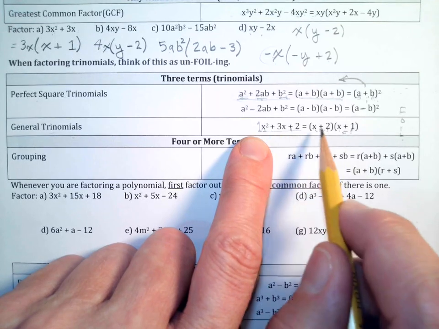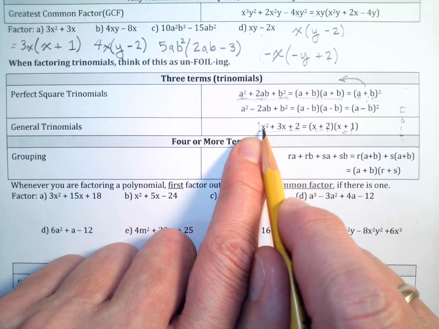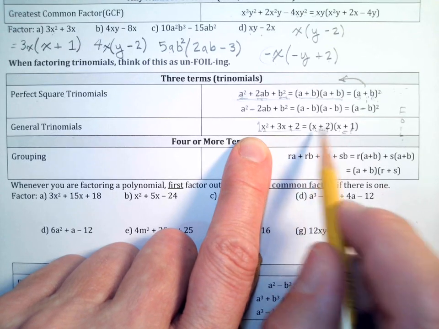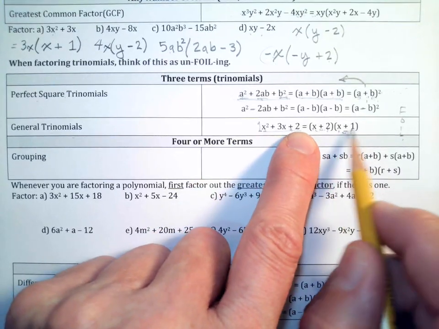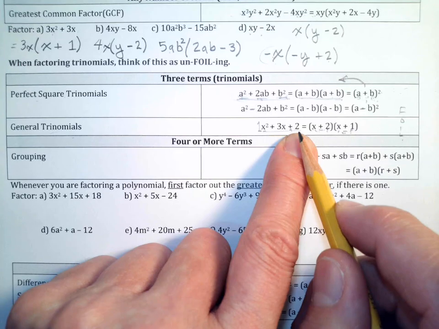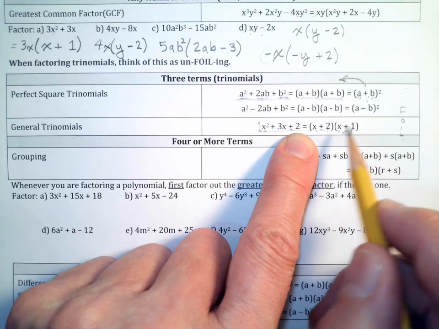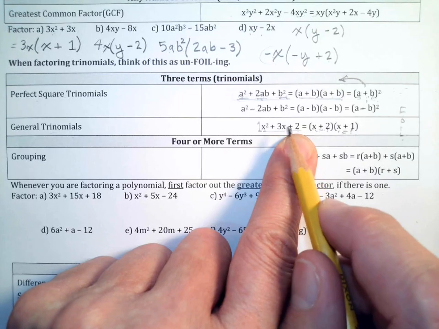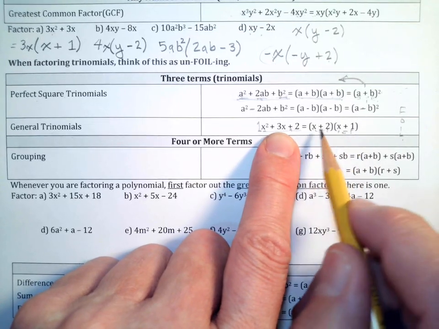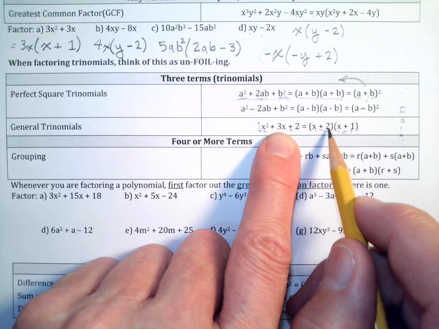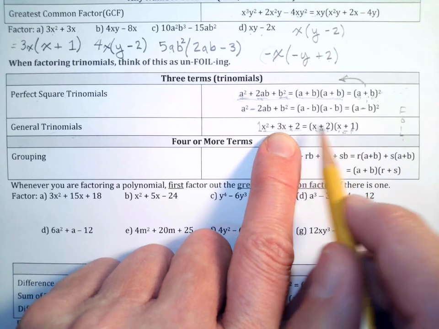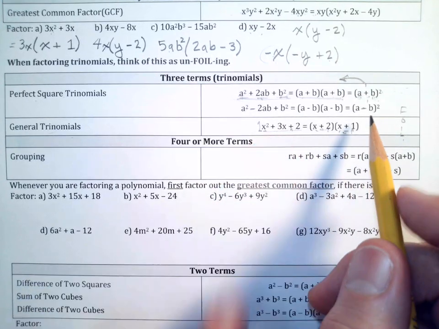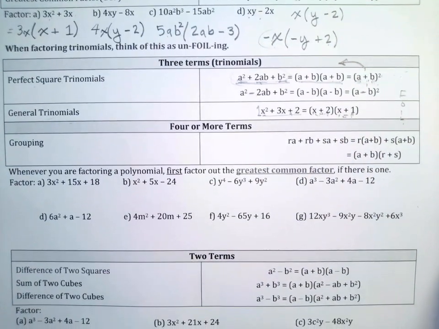The product of the first 2 terms is this term, x squared, so it's going to be x and x. And the last 2 terms in the binomials have to have a product of 2. And because the signs are the same, the sum of these 2 terms must be the middle term. All right, so that's a kind of a check. Again, we'll talk through more of those as we do some examples.